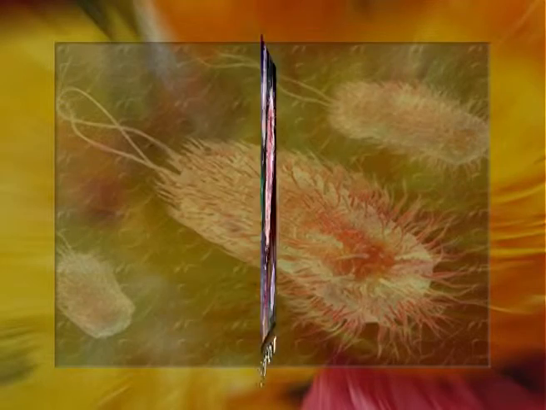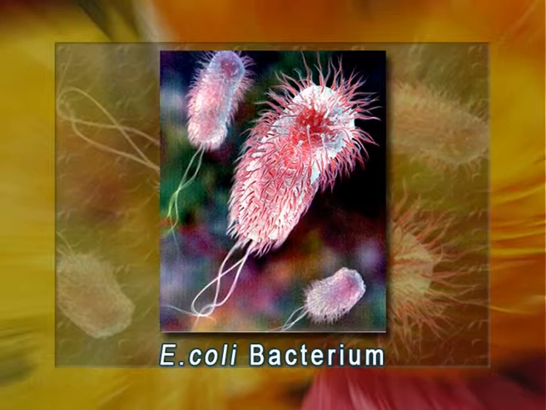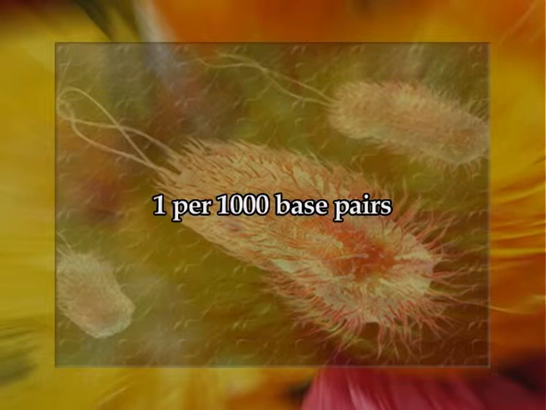Transposition occurs to a large number of sites in E. coli, but excellent target sites are found at about 1 per 1000 base pairs. Other secondary sites are recognized at poor efficiency.